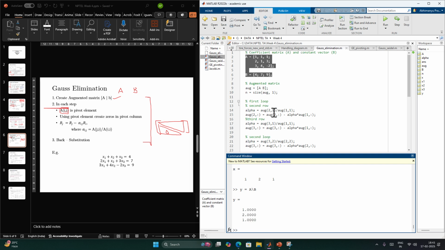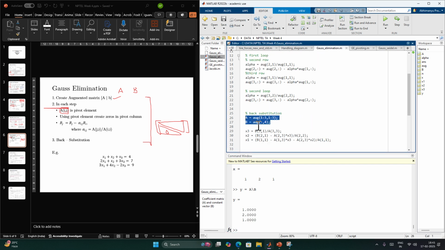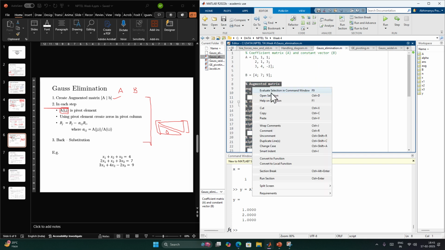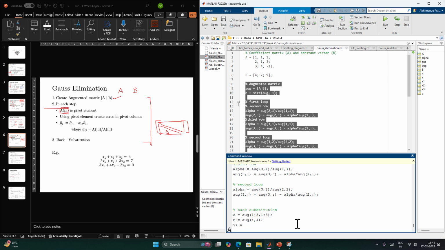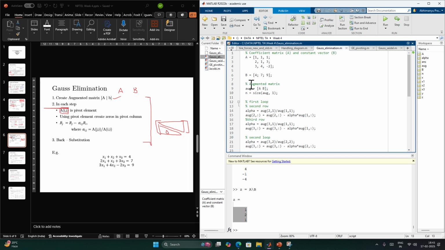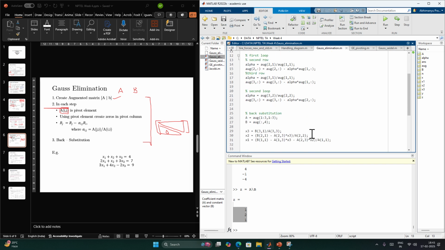I can also use the final upper triangular matrix that I got together with the B matrix and apply the backslash operator, and I will get the same result, 1, 2, 1. So this was the basic hard coding part.